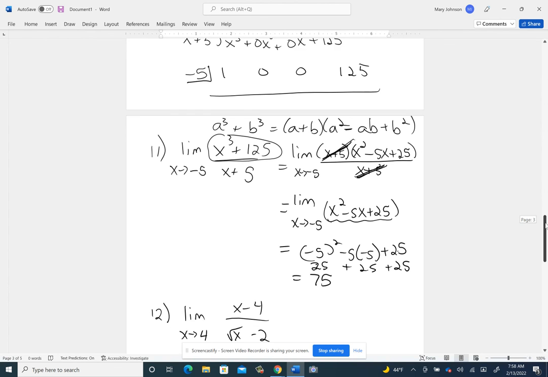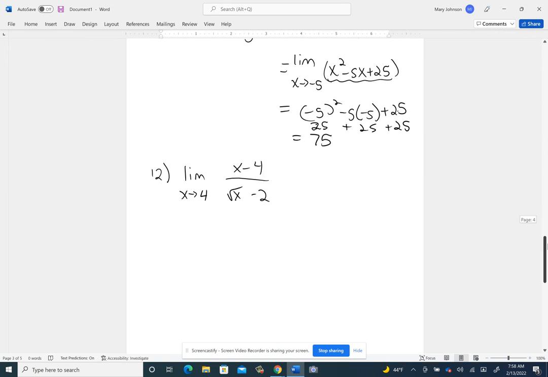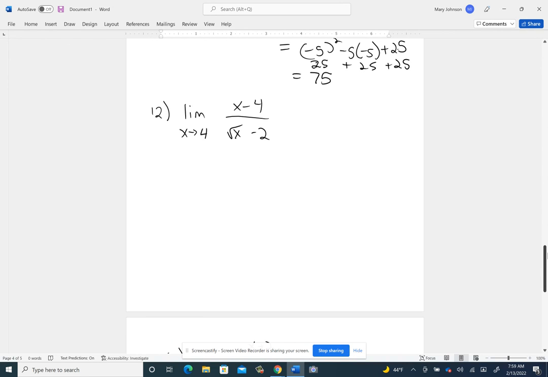All right, number 12 had some algebra that you needed to remember how to do. On one version, I put the radical in the denominator. On the other version, I put it in the numerator.